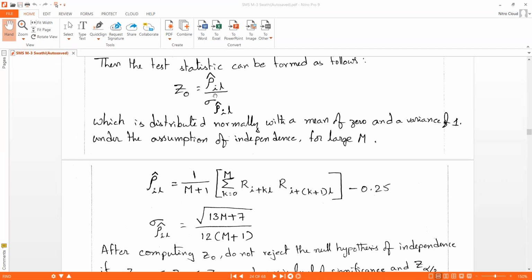To find this rho IL cap value, the formula is like this: 1 by m plus 1 into sigma k equal to 0 to m of r I plus k into L into r I plus k plus 1 into L, minus 0.25. This is the formula. We need to find the rho IL cap value.